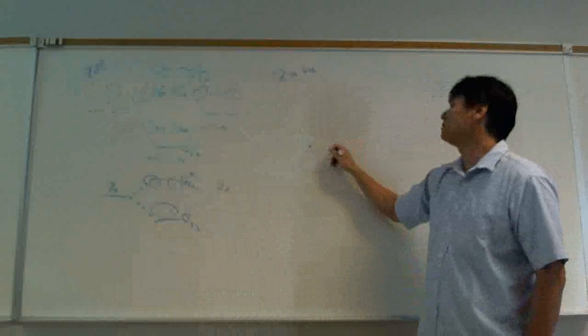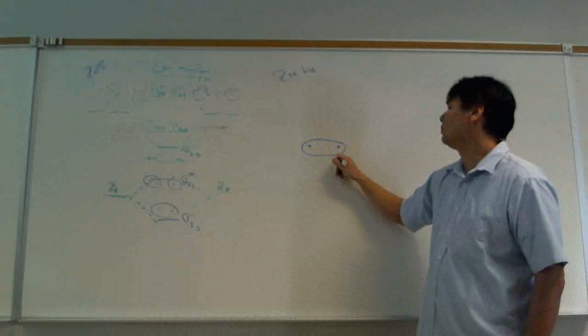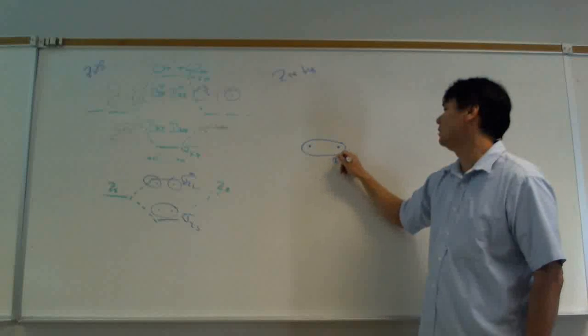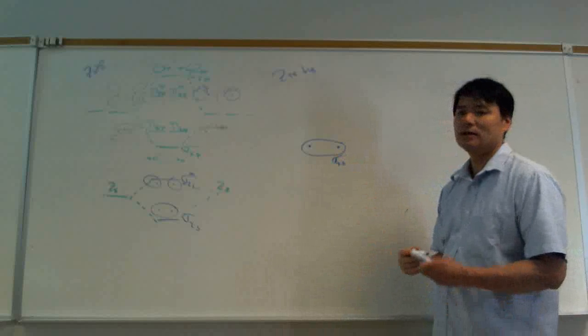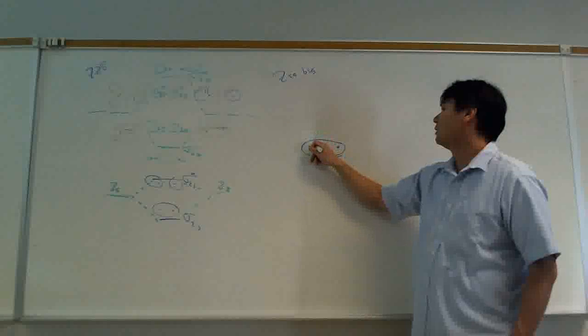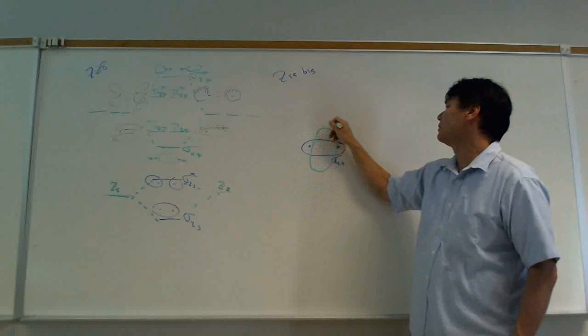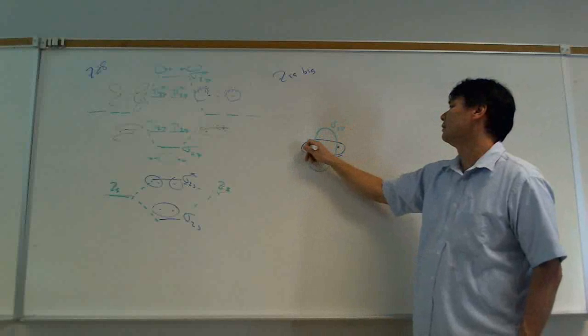So when Z is big, we get a situation like this, where the sigma 2s is pulled in tightly into the nucleus. And the sigma 2p's, being less penetrating, are not pulled in as tightly. So this would be the sigma 2p here.